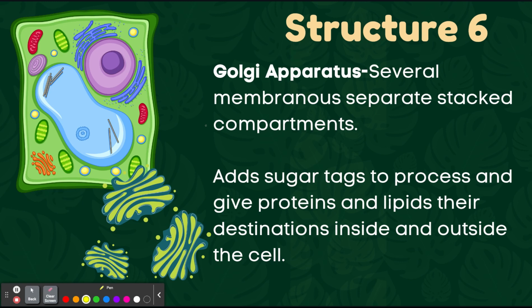Golgi complex trafficking signaling is very complex, with still a lot of questions. But in general, the Golgi apparatus is going to add sugar tags to process different material like proteins and lipids and give them their destination inside and outside the cell. So the analogy of Golgi being the post office of the cell is actually a very good one.